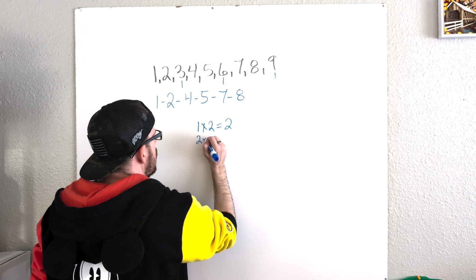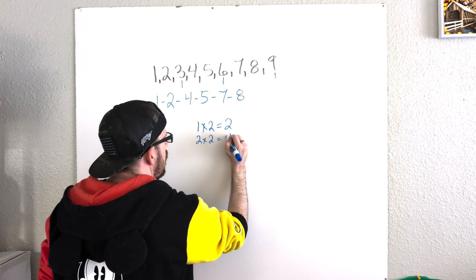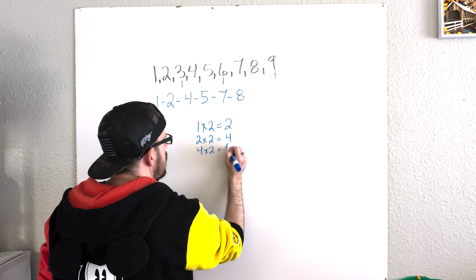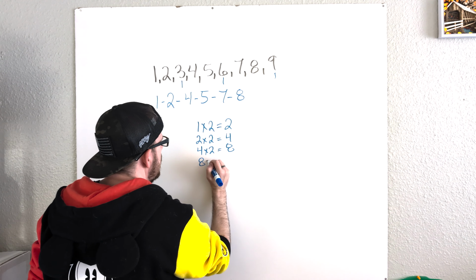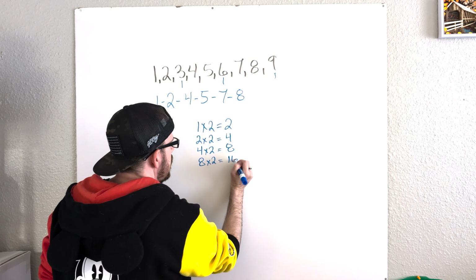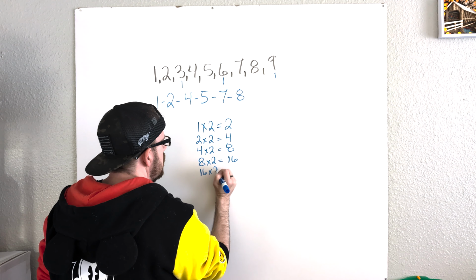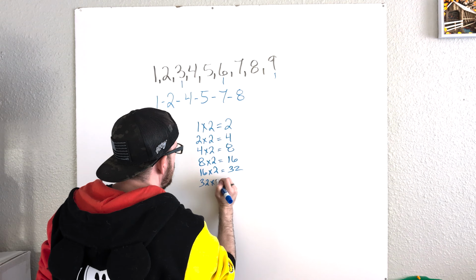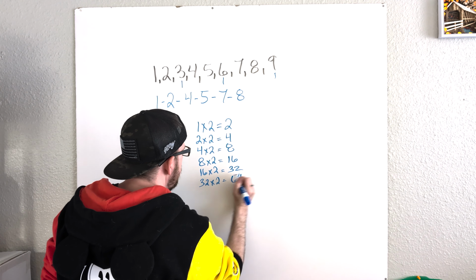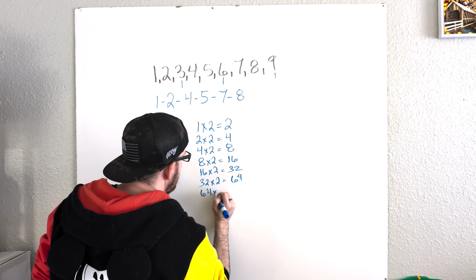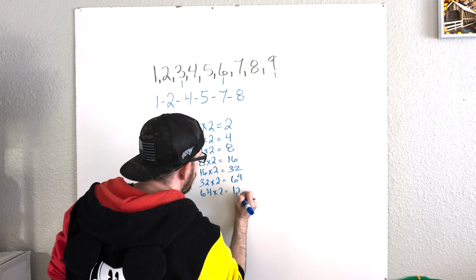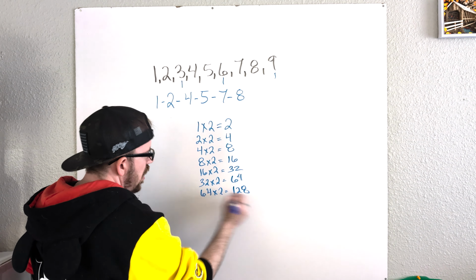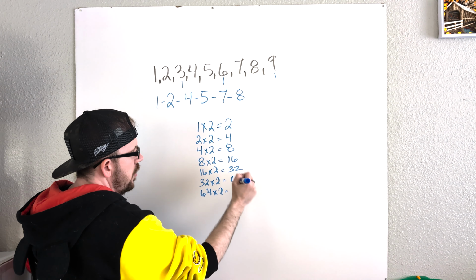If I take 2 times 2, I'm going to get 4. 4 times 2 is going to be 8. 8 times 2 is going to be 16. 16 times 2 is going to be 32. 32 times 2 is going to be 64. 64 times 2 is going to be 128.